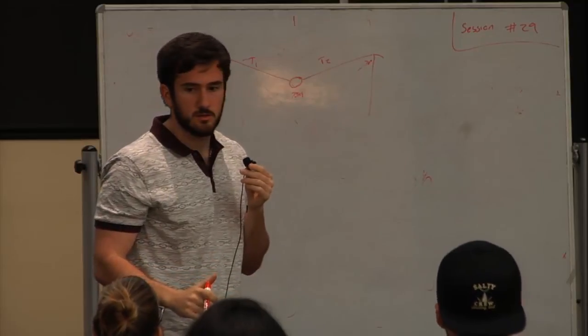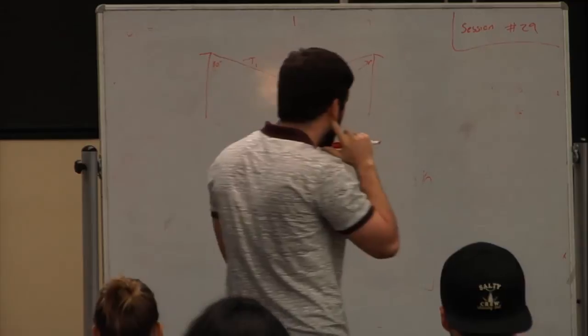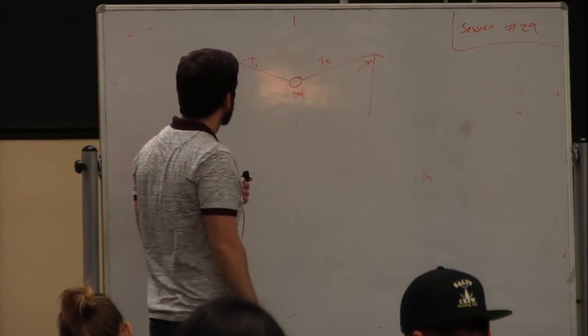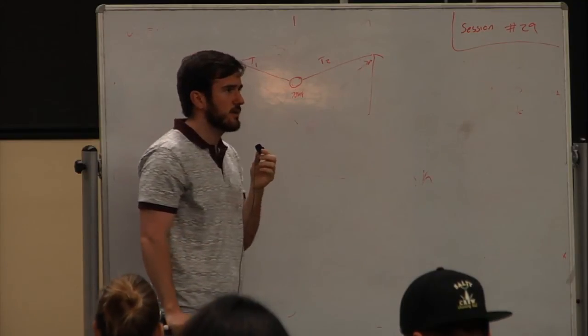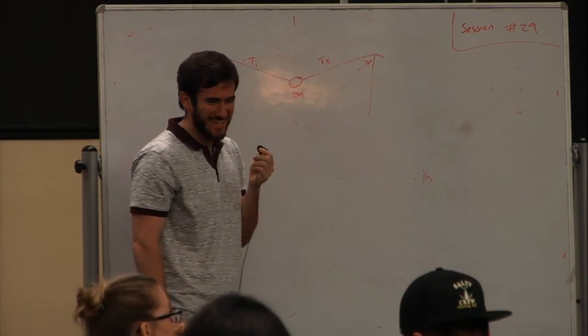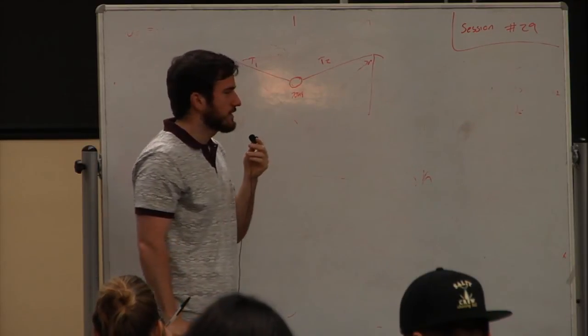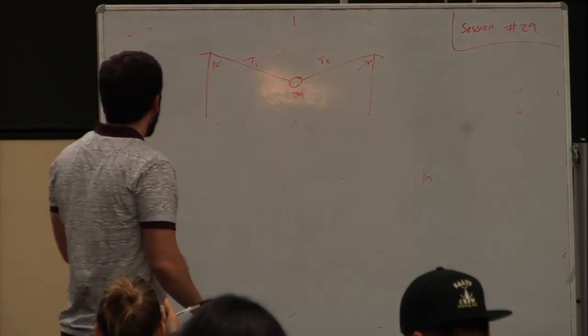So let's work in the x first. What forces do we have acting in the x direction? The x component of the tension. Do we have anything else acting in the x? We don't. So we have T1x, and we have plus or minus T2x, because they're acting in opposite directions.